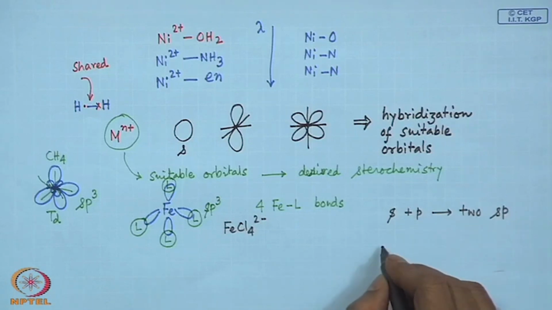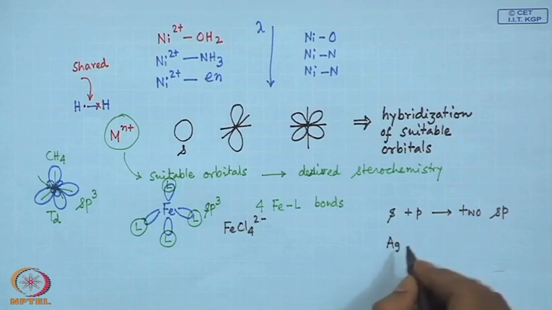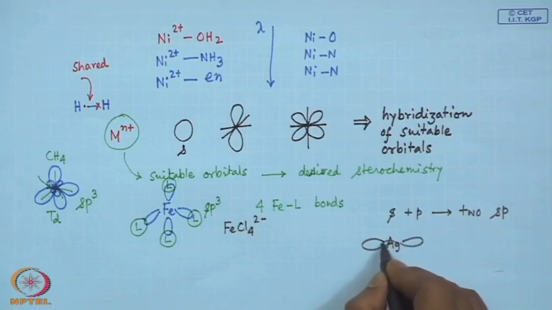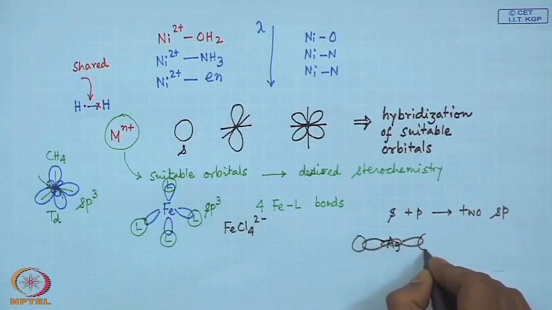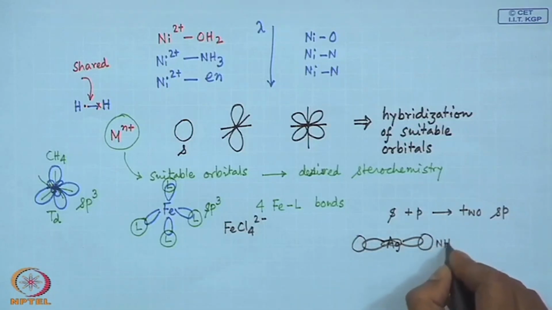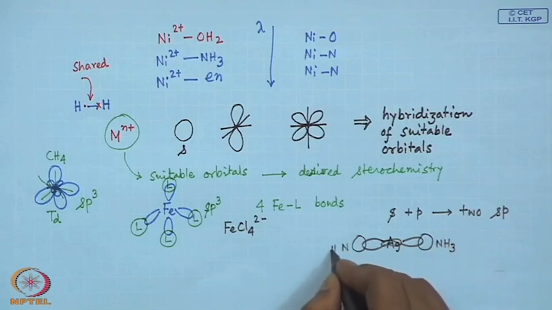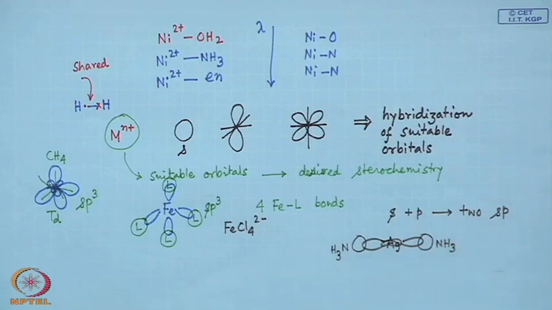If we consider these 2 sp orbitals on the silver ion, they will overlap with the nitrogen atomic orbitals of the ammonia molecule, giving a linear molecule of Ag(NH3)2 plus. This silver is plus. So like that we have sp hybridization for the AgL2 molecule.